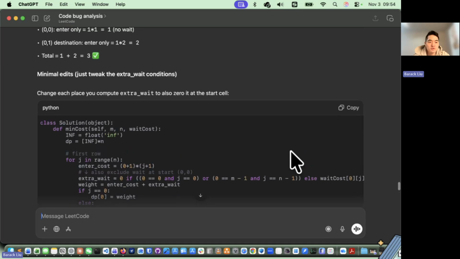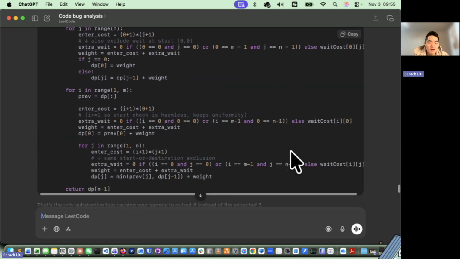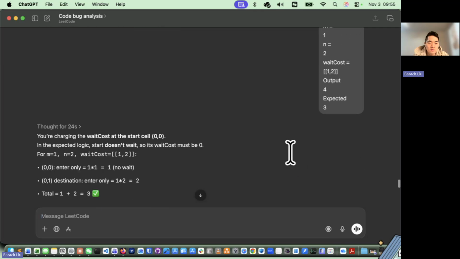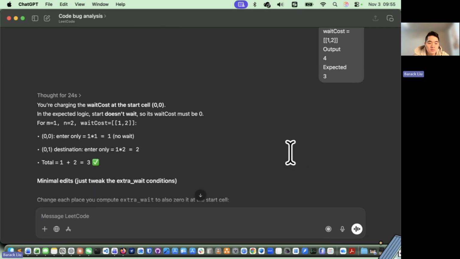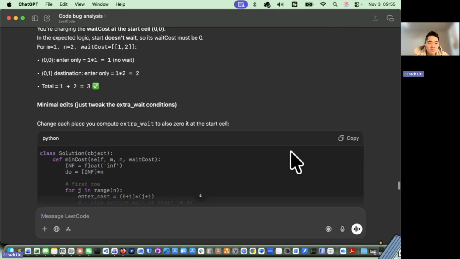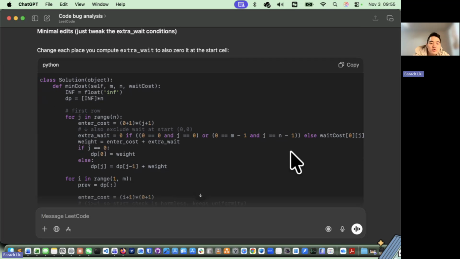Which line did you change? Also exclude weight at start, 0, 0.